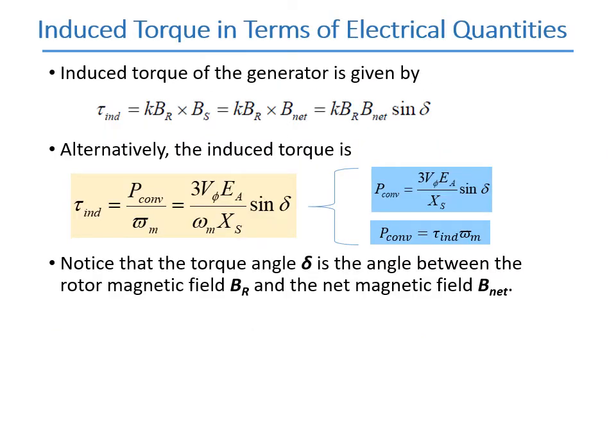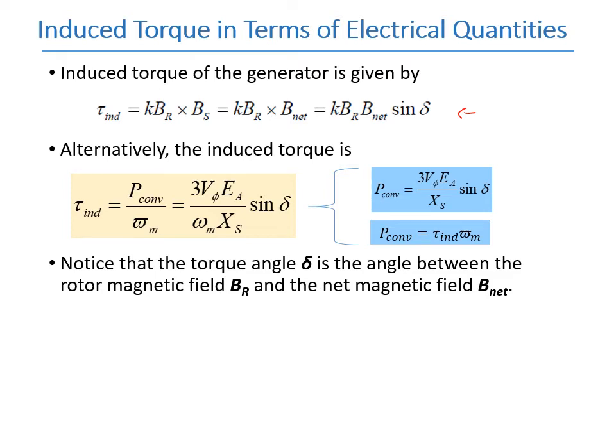On this slide we want to get the equation to allow us to predict the induced torque using electrical terms. Previously we had equations where the induced torque can be calculated if we know the values of the magnetic field densities, BR and BS. Now we can also calculate the induced torque using another equation.